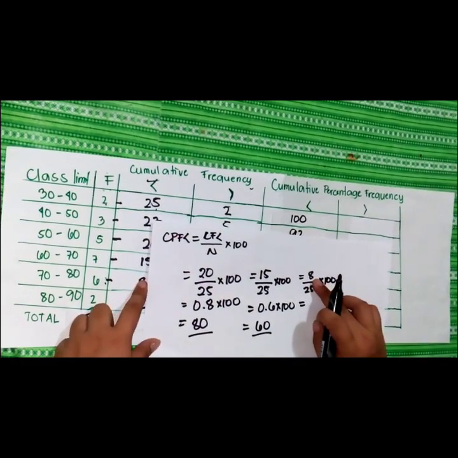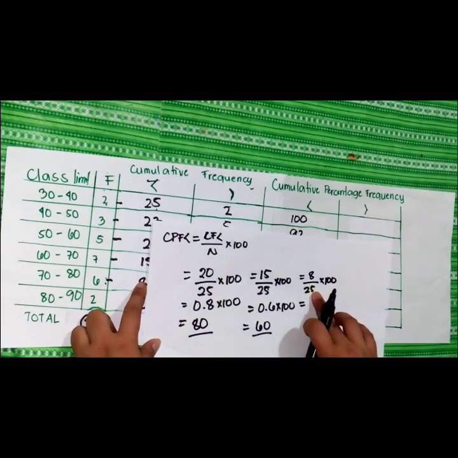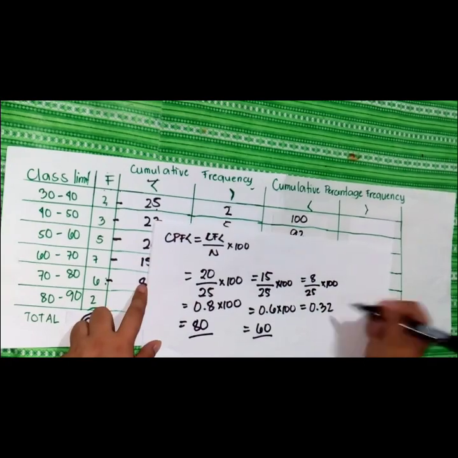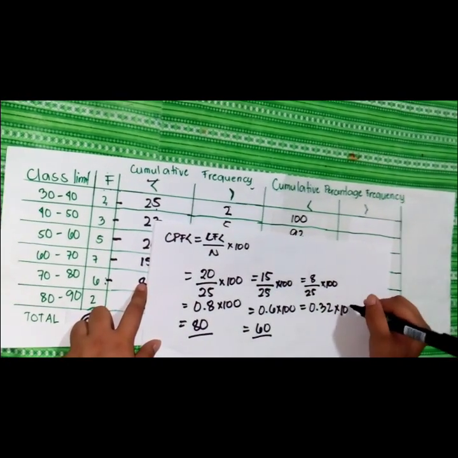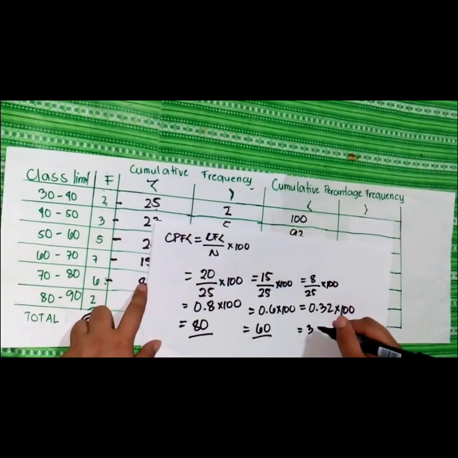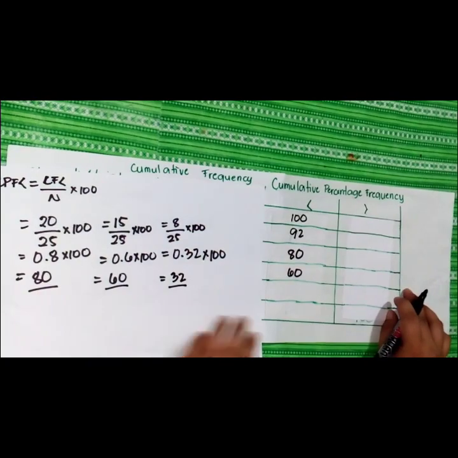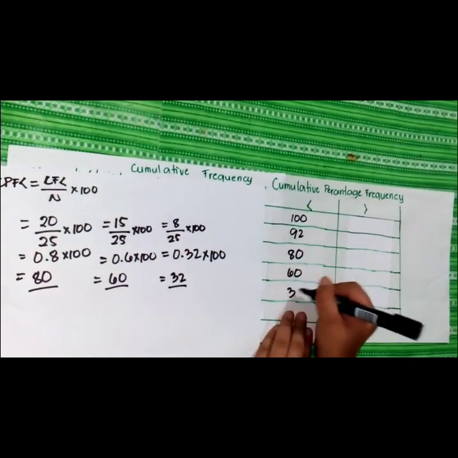So 8 divided by the number of cases, 25, is equals to 0.32. And 0.32 times 100 is equals to 32. So our answer in the fifth row, we have a 32.